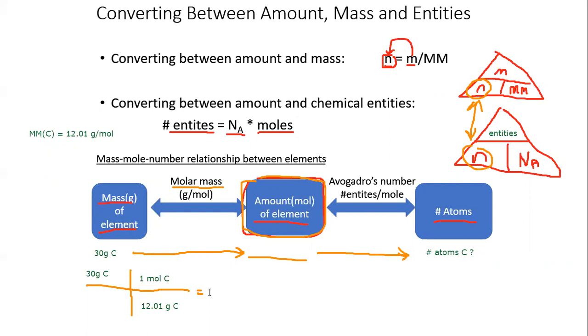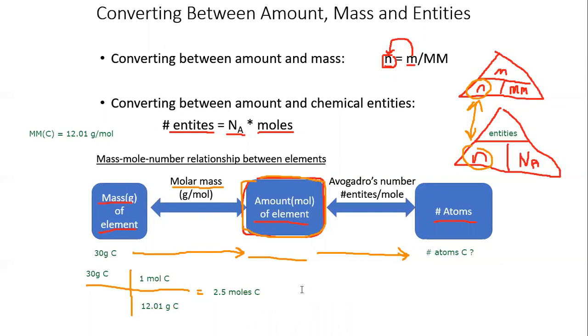And so the moles of carbon is 30 divided by 12. We get 2.5. So this is the midway station, moles of carbon.